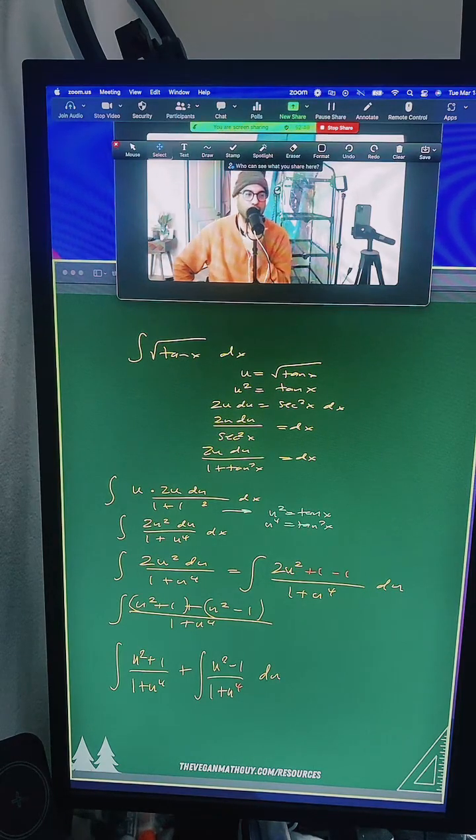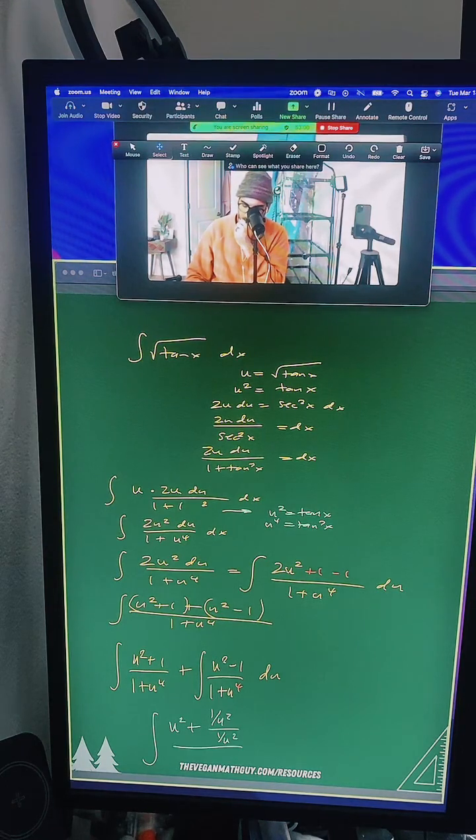Ooh, okay. Let me just leave this as a little note. I'll put it in green, and then I'll sign off. Someone said, rewrite the 1 as, so this will be (u^2 + 1)/u^2 over 1/u^2. I think that's what you said to do.